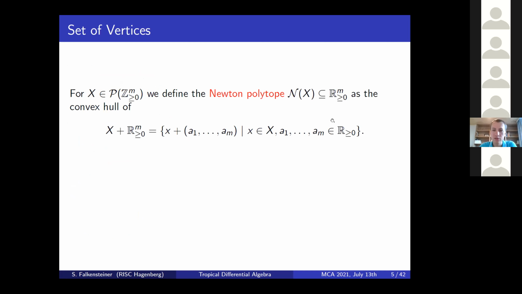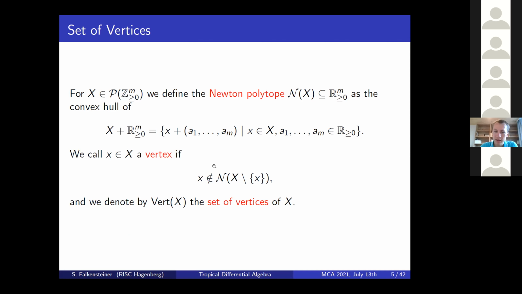So we have seen already a little bit about the Newton polytope in the previous talk. It is defined as the convex hull of a given set X. So we have here just integer coefficients and integer components, sorry. And then we add here this set and take the convex hull of it.